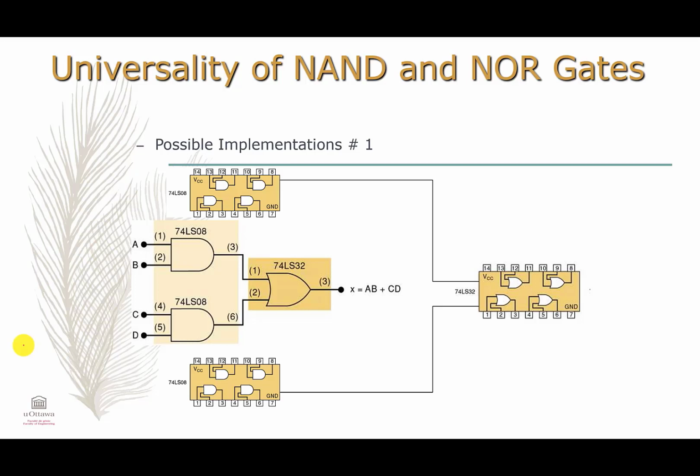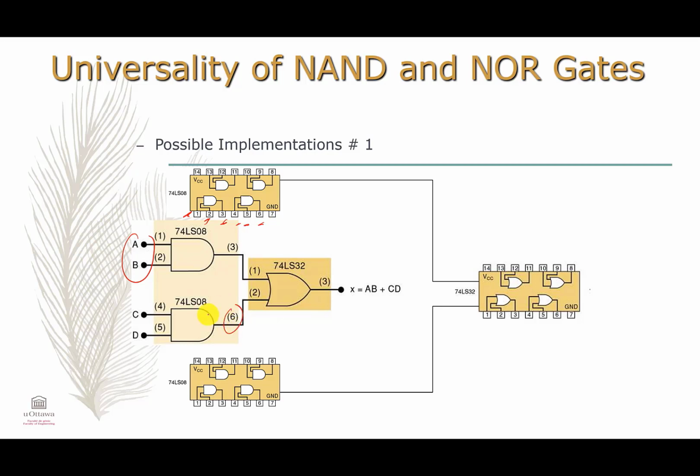We can use pin 1 and pin 2 to implement AB, and the output will be at pin 3. And we can use pin 4 and pin 5 to carry the inputs for CD, and the output will be on pin 6.